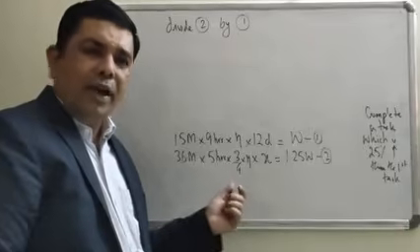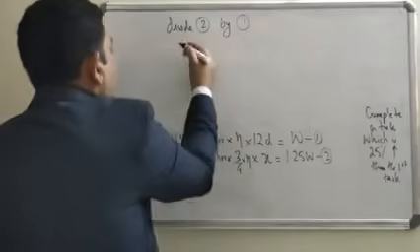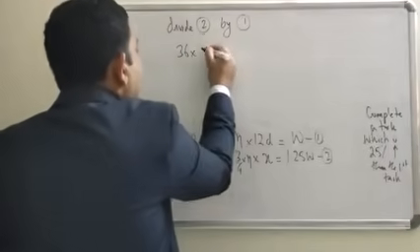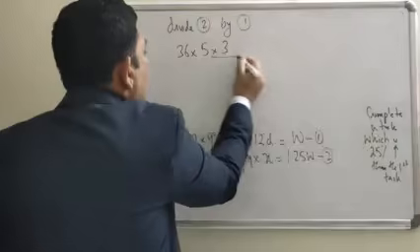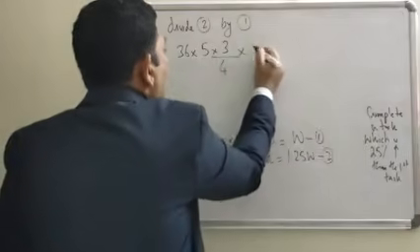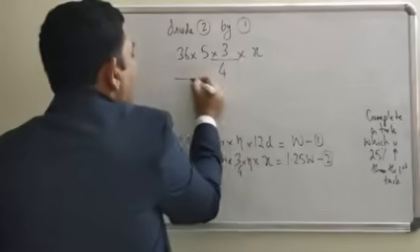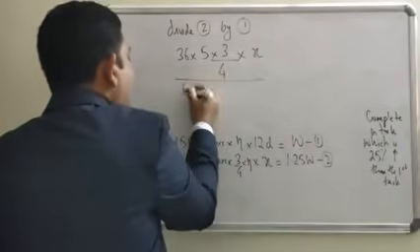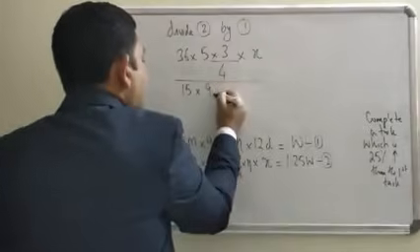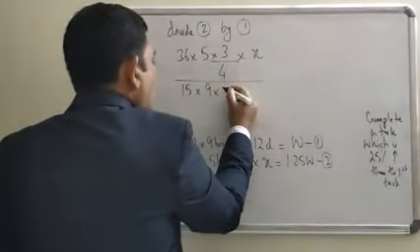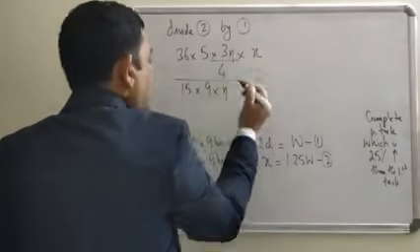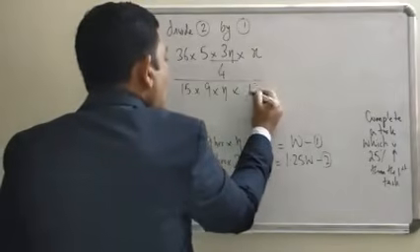Divide 2 by 1. So what will we have? 36 into 5 into 3/4 into x, divided by 15 into 9 into eta, and this will also be eta into 12.